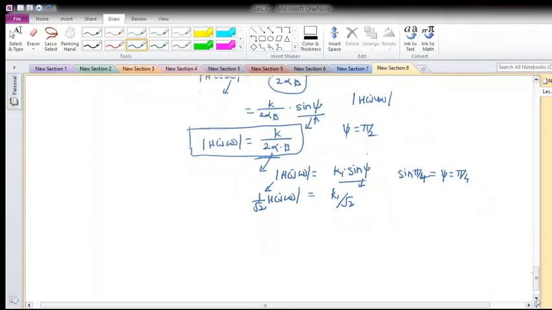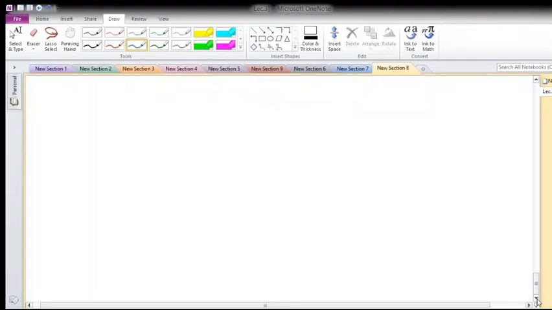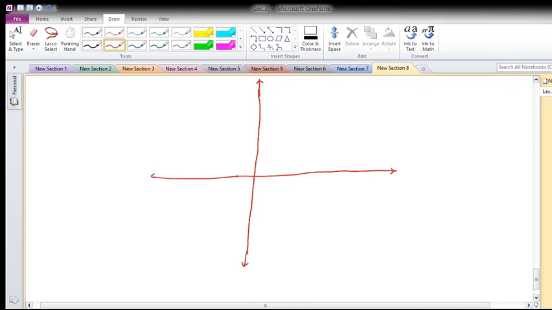So let us construct it geometrically. Let us take the procedure to construct this in order to find the half power point. Let us start from the complex conjugate pair of poles.